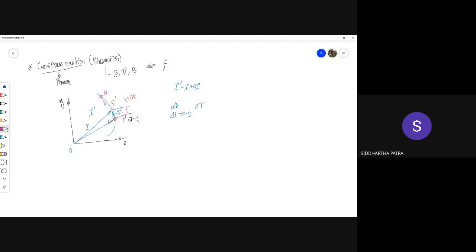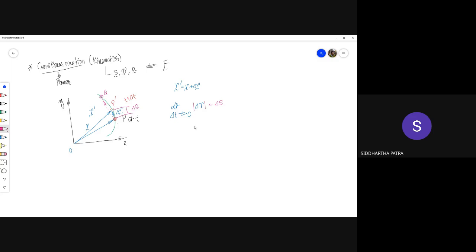But that is not the actual distance that the particle has moved, because the particle now is not moving on a straight line, it is moving on a curvilinear path. Let's say the actual displacement measured along the path is delta s, and in the limit where the incremental time delta t tends to 0, the magnitude of delta r is actually delta s.